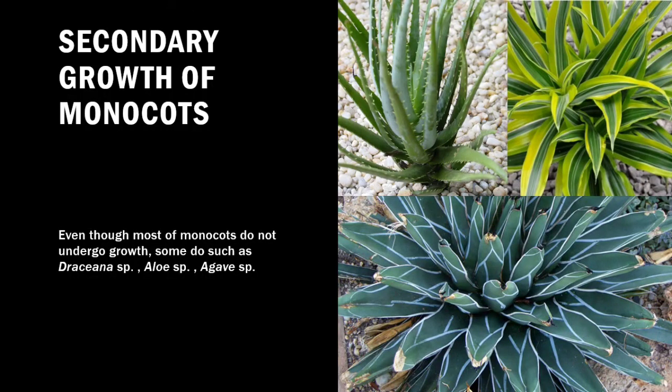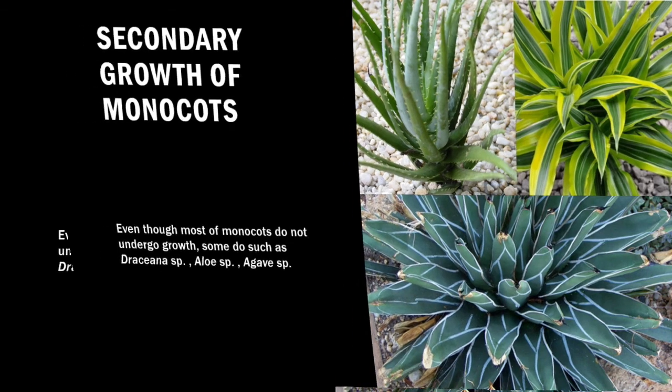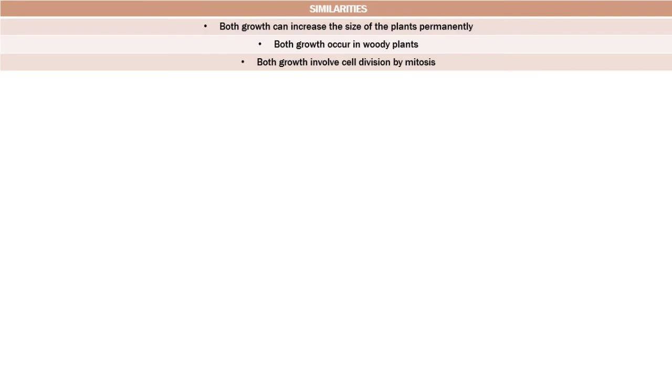Okay, secondary growth of monocots. Even though most of the monocots do not undergo secondary growth, some do, such as Yucca species, Aloe species, and Agave species. So we discuss more about the comparison.